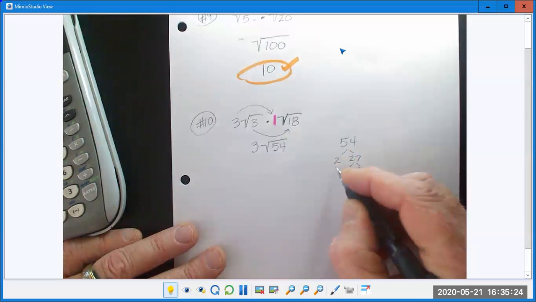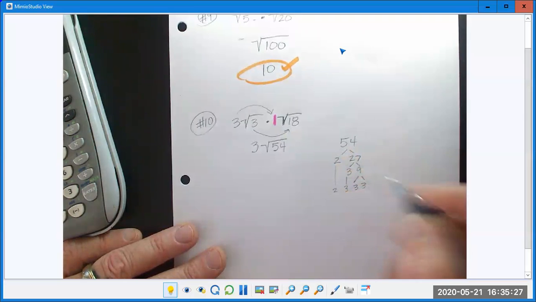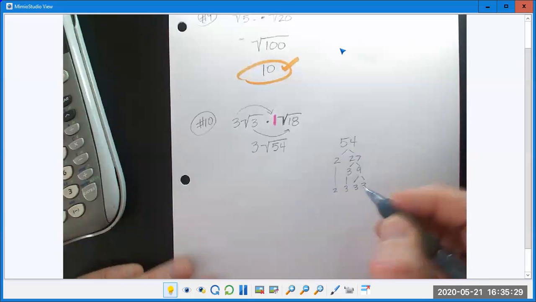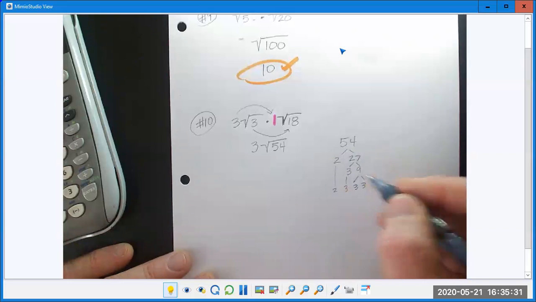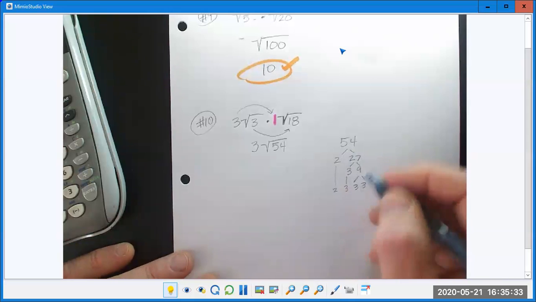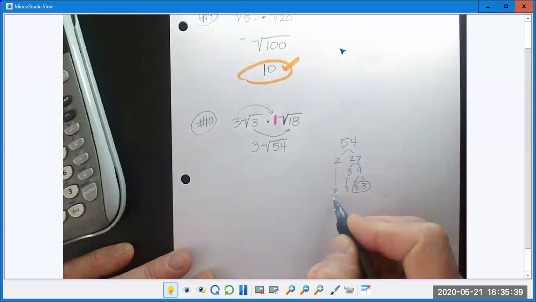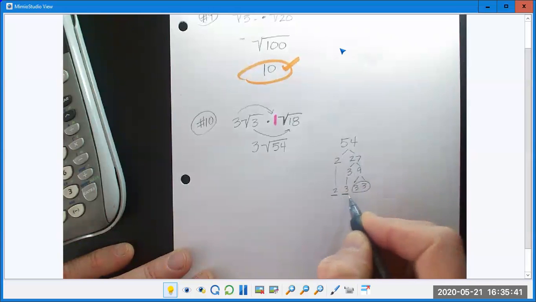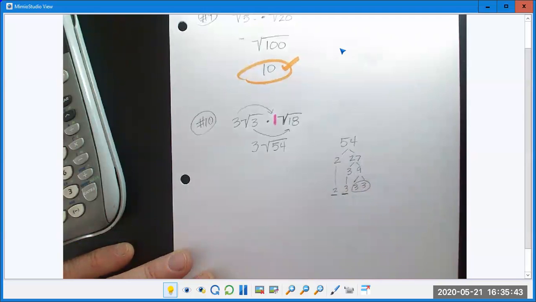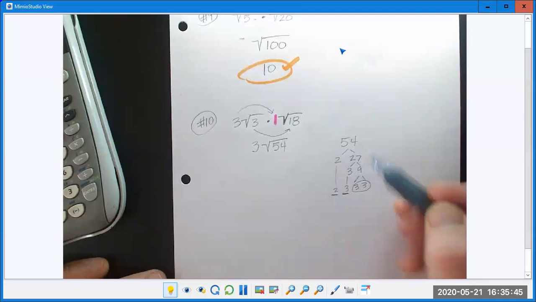Miss Lovingood likes to do these, and that's really a good habit to get into. I circle them as they happen, but you could forget some factors, and you have to be careful of that. So 54 breaks down to 2 times 3 times 3 times 3.